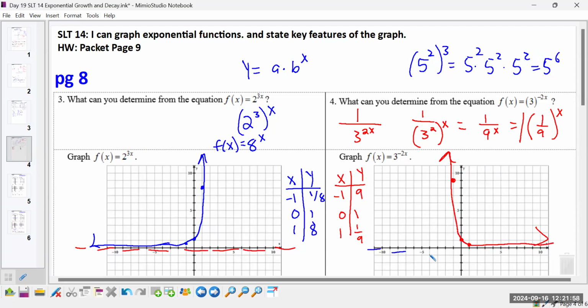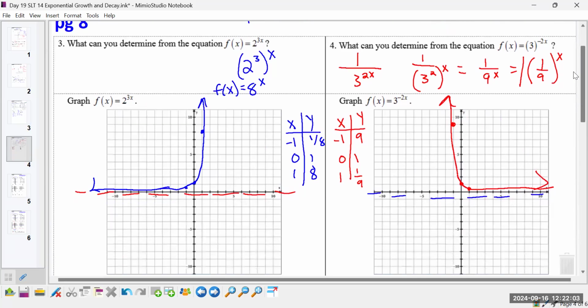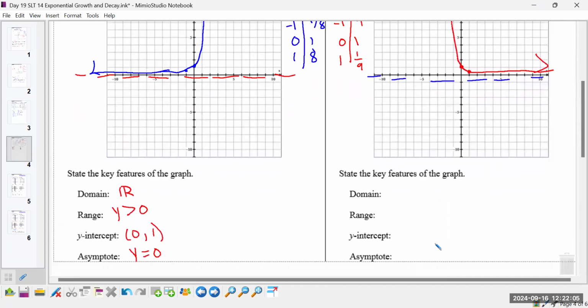Go ahead, dot in your horizontal asymptote. And the properties for this one, unfortunately, because we're not really doing anything other than reflecting things over the y-axis, properties are the same. We didn't have an initial value other than 1, so the y-intercept doesn't change.